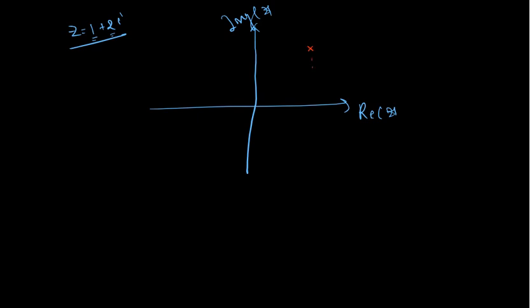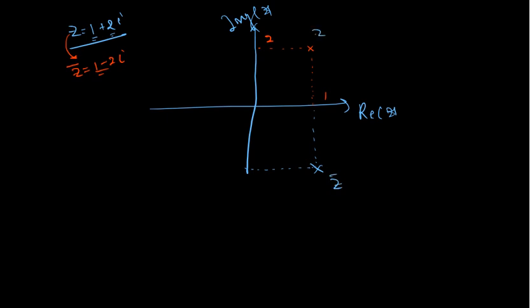If I ask you the conjugate of this number, you will write z bar is equal to 1 minus 2i. It has real part 1 only and imaginary part minus 2, so your number will lie somewhere here. So this is z bar and this is your z.